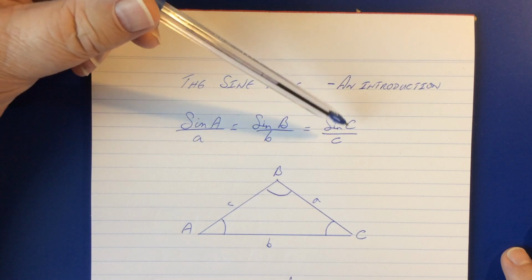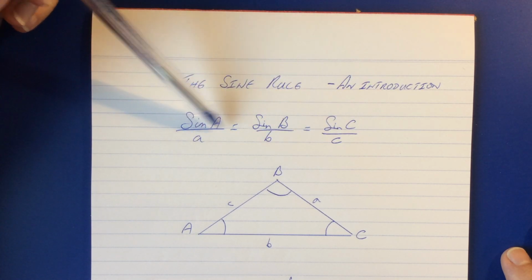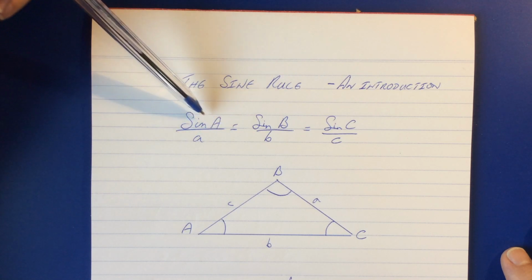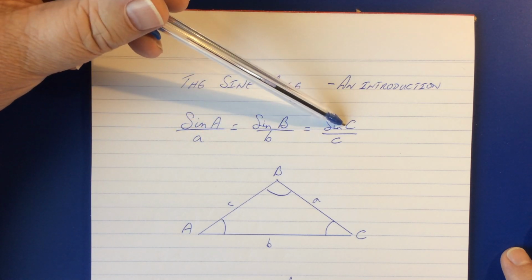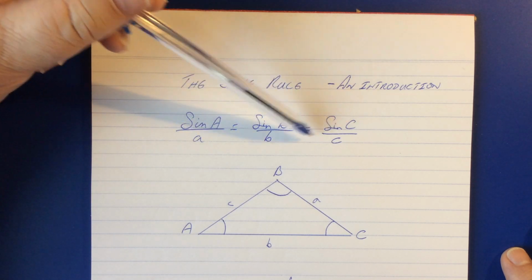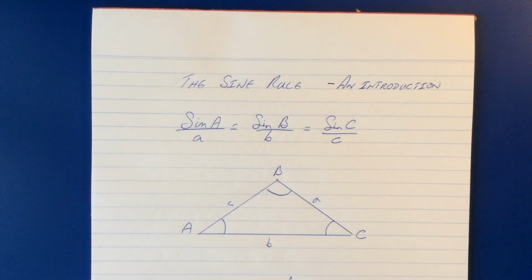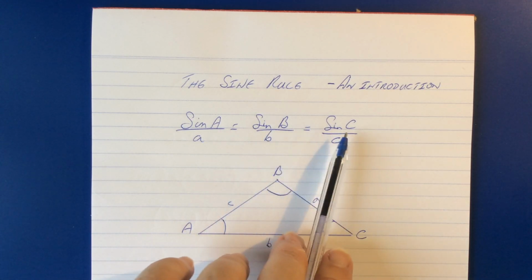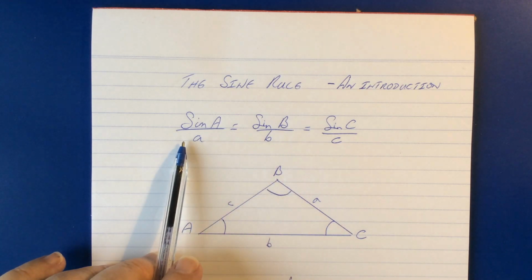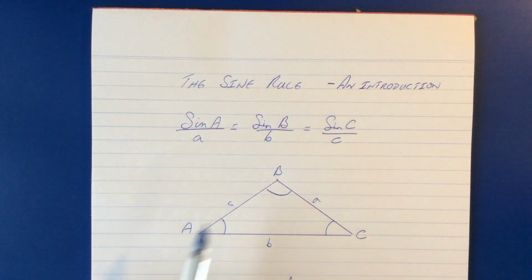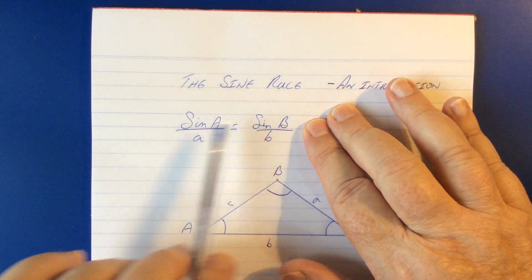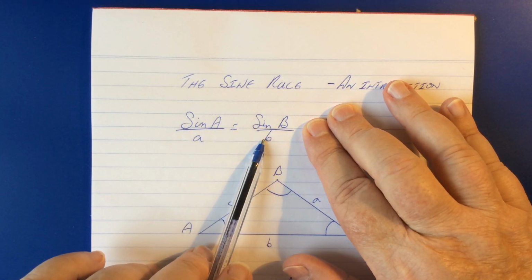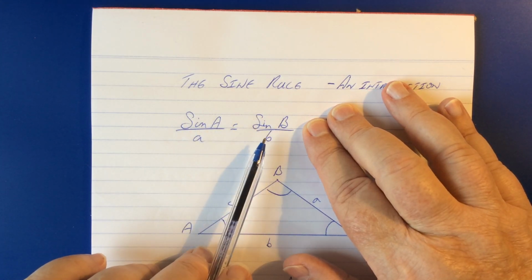Now, generally when you're working with the sine rule, you only need two of these. So you can have sine A and sine C, you can have B and A, B and C, any combination. You really only need two. The purpose of the rule is simply to demonstrate that these ratios are all equal, and therefore if you have three parts of this formula, you can find the fourth part.